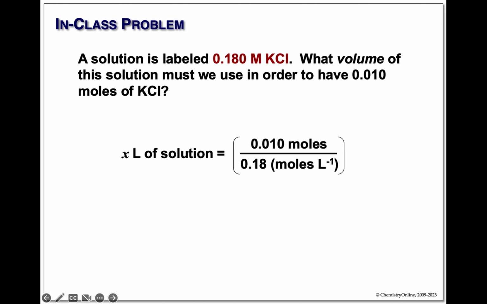Our volume is going to be the number of moles divided by moles per liter. Moles will cancel. Per liter in the denominator will come up top. 0.01 divided by 0.18, we get 0.056 liters.